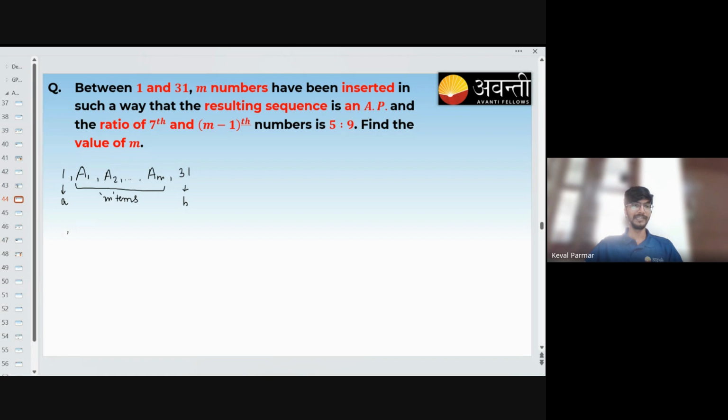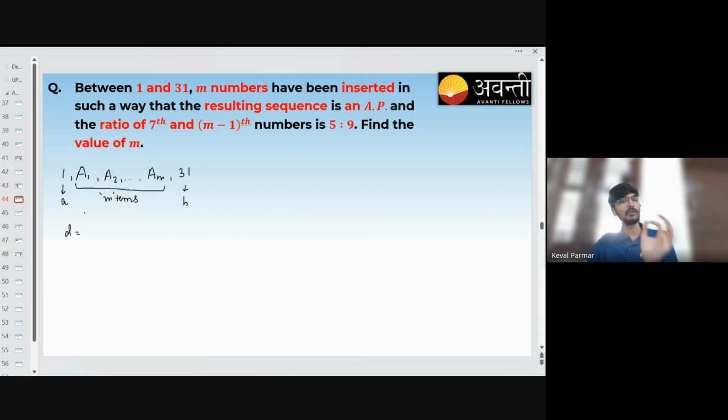So let's find D. See, as I told you, if the question is on AP, we require the first term and D. A and D we require. Similarly, if the sum is on GP, then we require A and r. So if I get A and D in AP, I can find anything. I already have A, which is equal to 1.